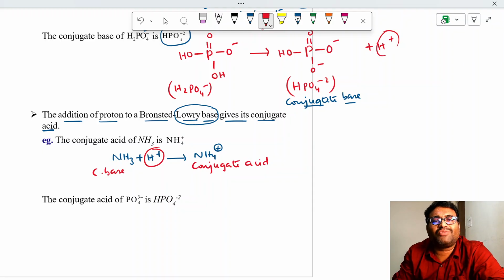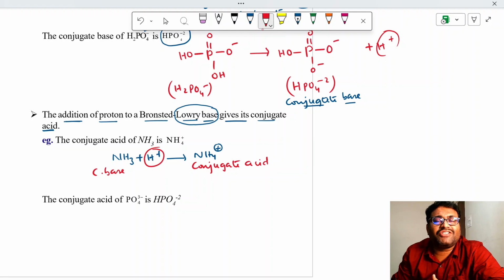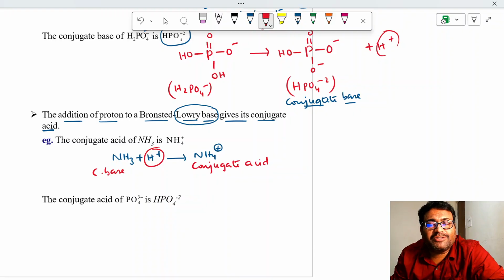Those two are called a conjugate acid-base pair. Understood? So for a base, if you add H plus, it becomes an acid. From the acid, if you remove H plus, it becomes the conjugate base. Simple thing. Removal of H plus forms the conjugate base. Addition of H plus gives you the conjugate acid. That's it.